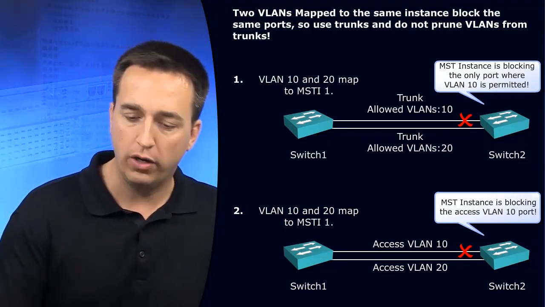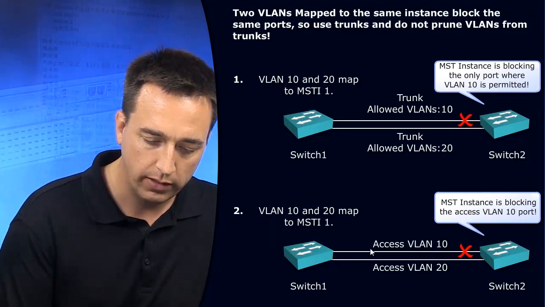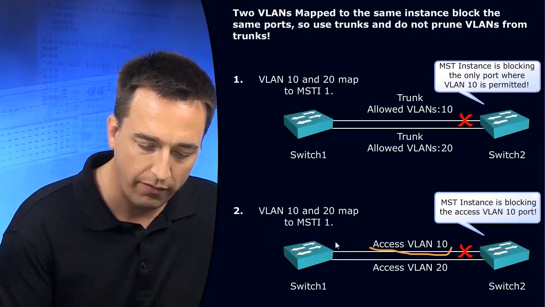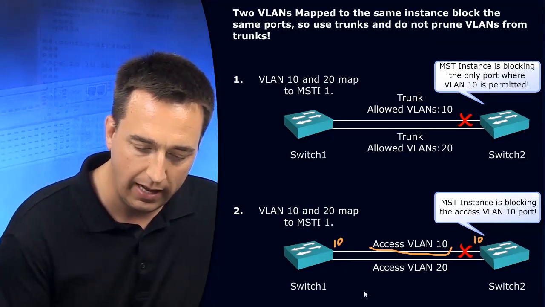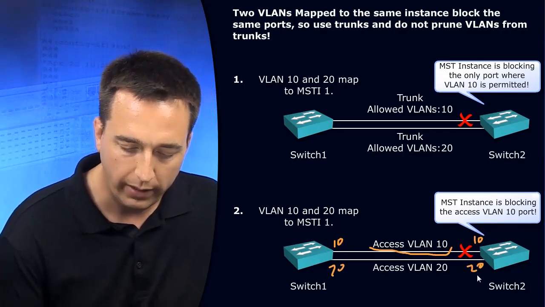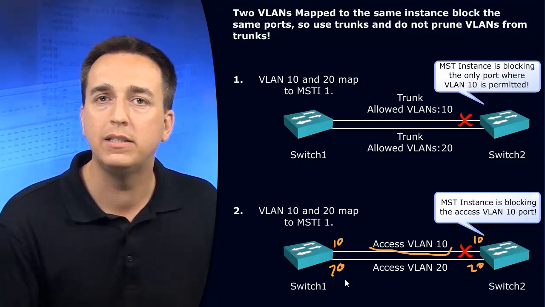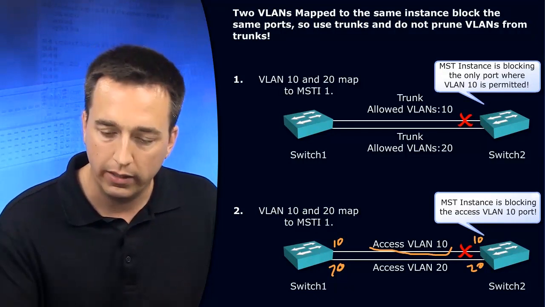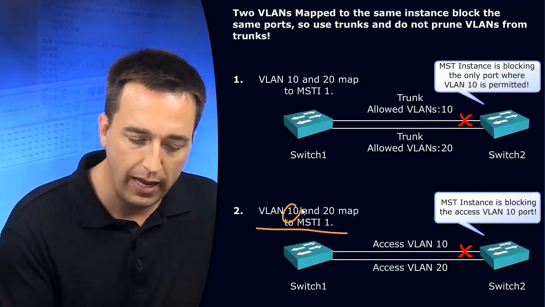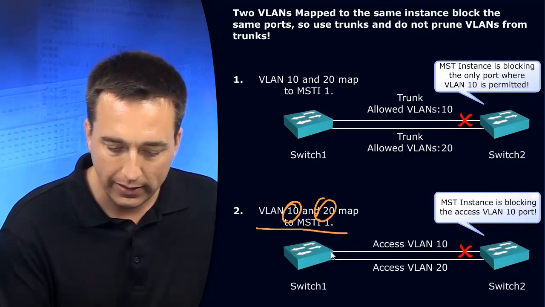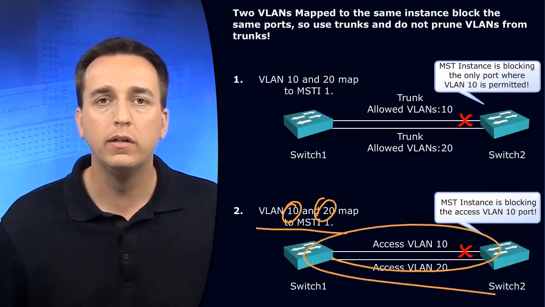But what if we're not using trunk links? What if we're using access ports? That's what we see here, access ports. So we have access VLAN 10, access VLAN 20. Well, again, it doesn't matter to MST because MST1 in this case has both VLANs 10 and 20 mapped to it. So it sees this as a complete loop.